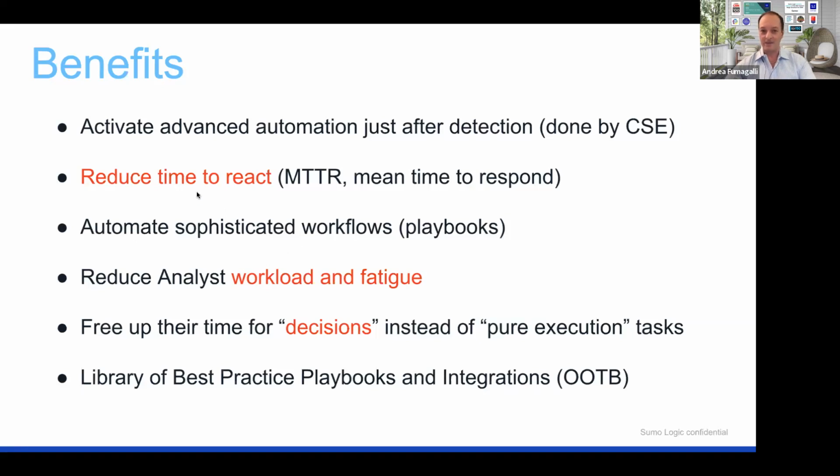What are the benefits of leveraging these new functionalities? First of all, as I mentioned, it's the ability to automatically activate an advanced sequence of automated actions performed in external technologies.